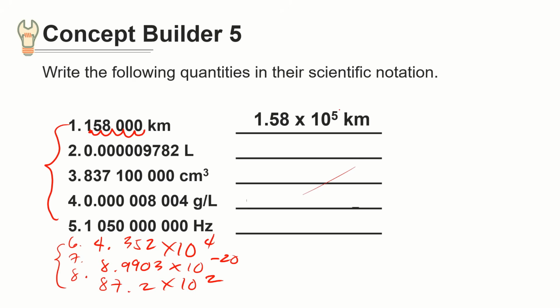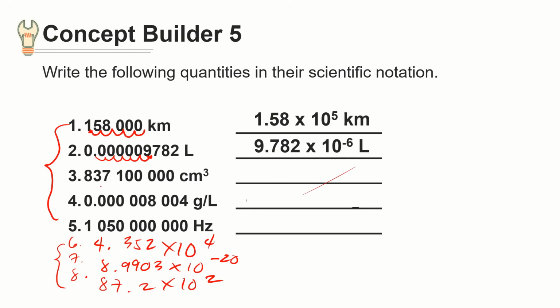The exponent is positive. For number 2, we move the decimal place 1, 2, 3, 4, 5, 6 times to the right, so the answer is 6.782 times 10 raised to negative 6 liters.